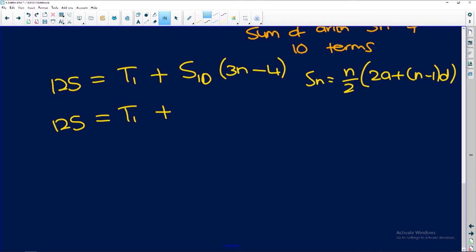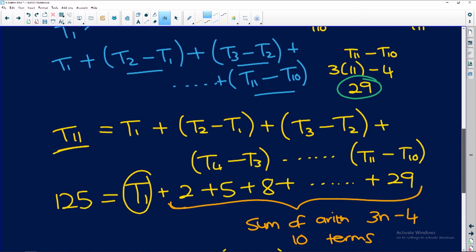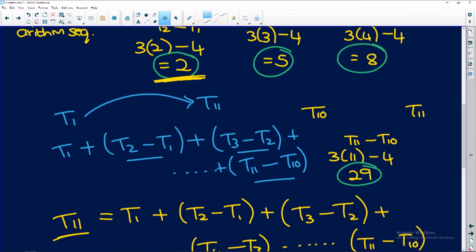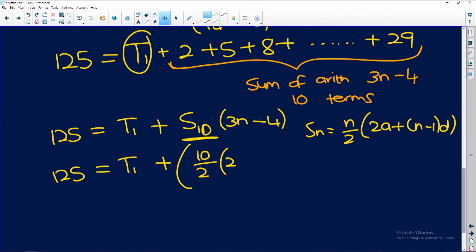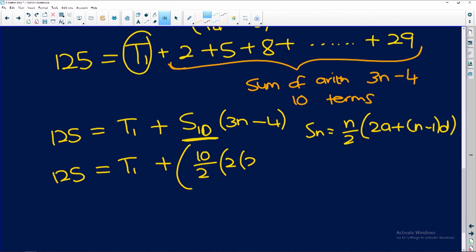Okay, so remember, we are doing 10 terms. So we can say 10 over 2 into 2 times the first term, which is that arithmetic sequence, which is 2. Okay? So 2 into 2 plus n minus 1, which is 10 minus 1, which is 9, multiplied by the difference, which is 3.